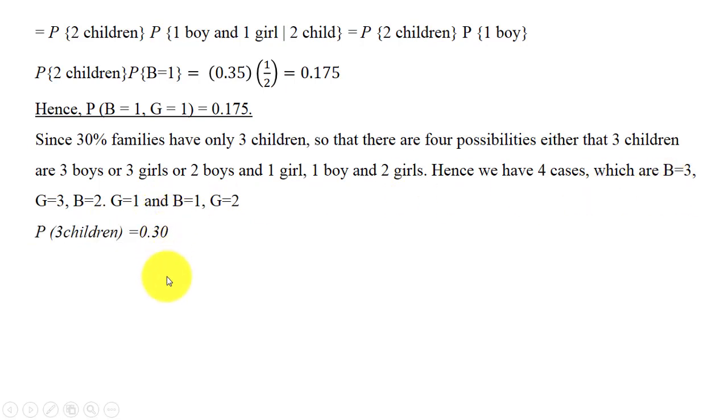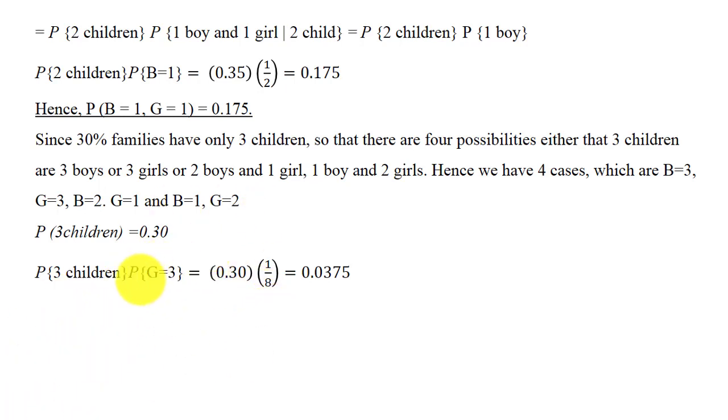Given that 30% of families in the community have 3 children, the probability of 3 children in the community is 0.30, and that all 3 are girls is given by 0.0375.